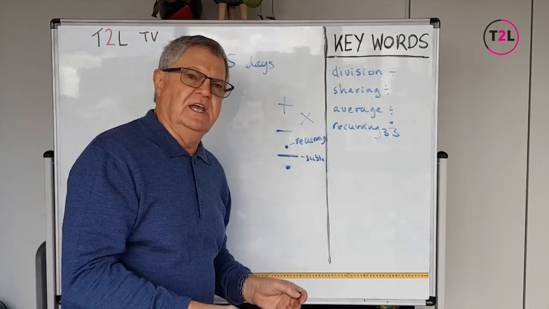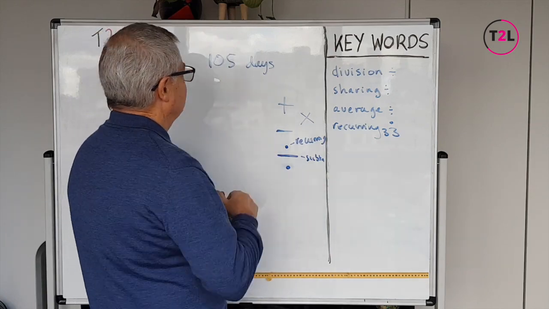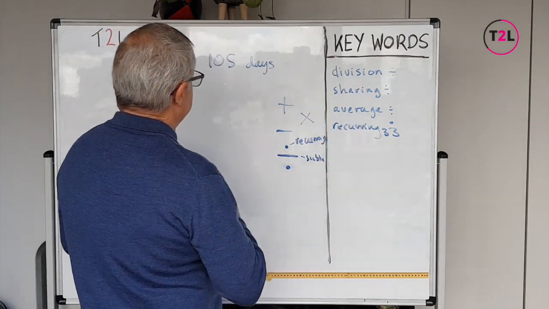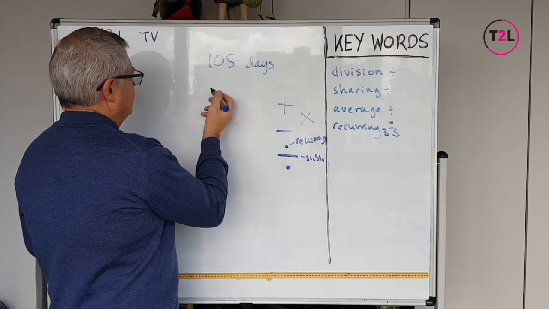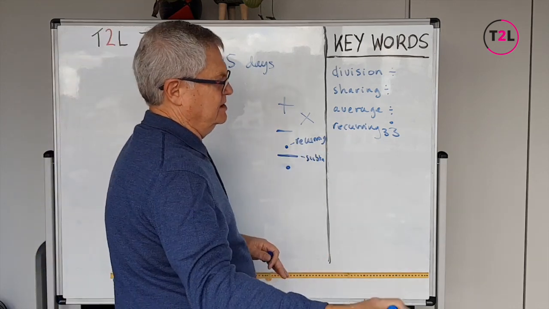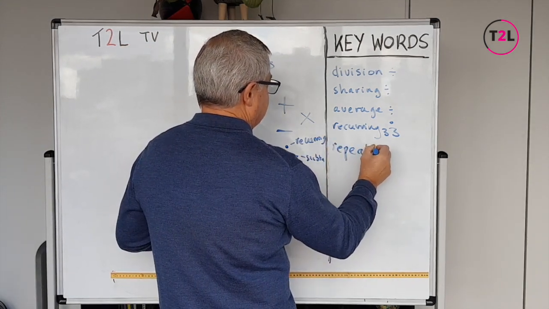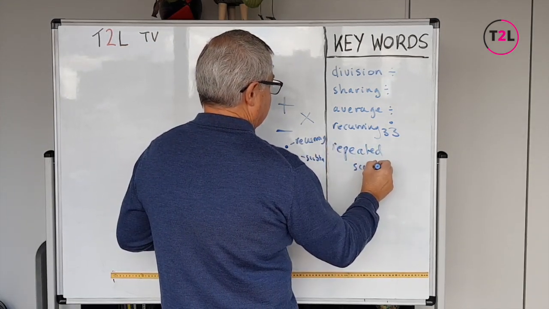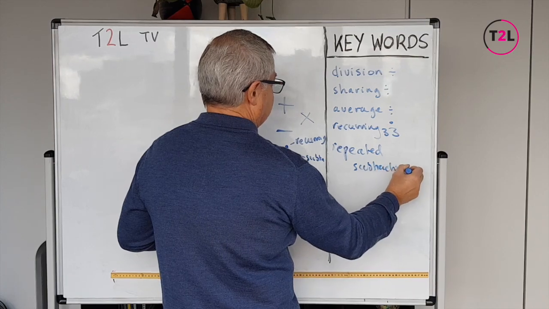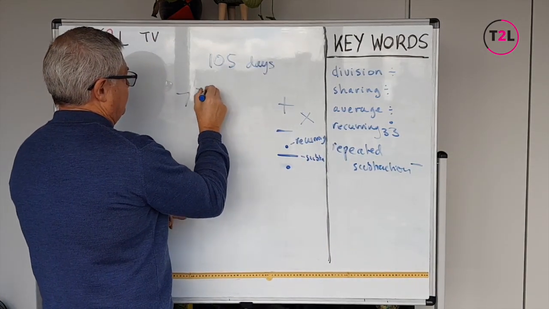We're looking forward to this camp, we're going to some place, Sovereign Hill or something. So how many weeks is that? Now we can do that by repeated subtraction: 105, take away 7, take away 7, take away 7, because that's where the link is between division and repeated subtraction, the same as repeated addition and multiplication link up.